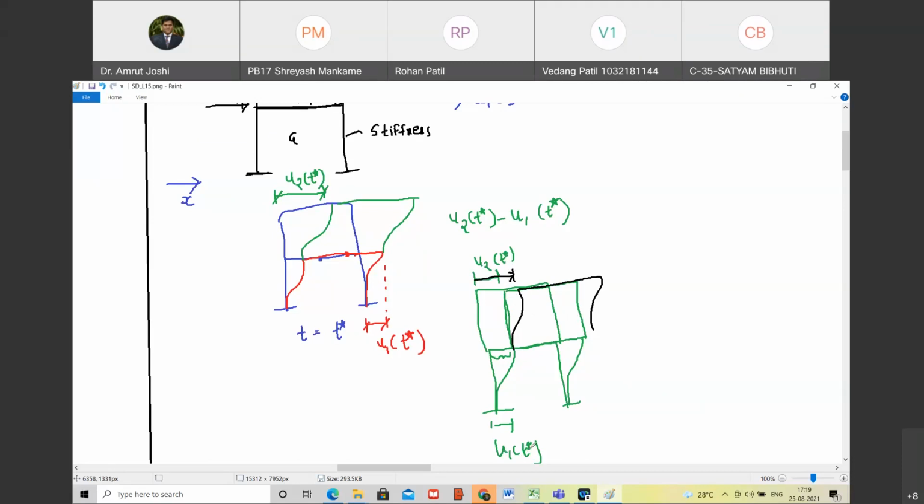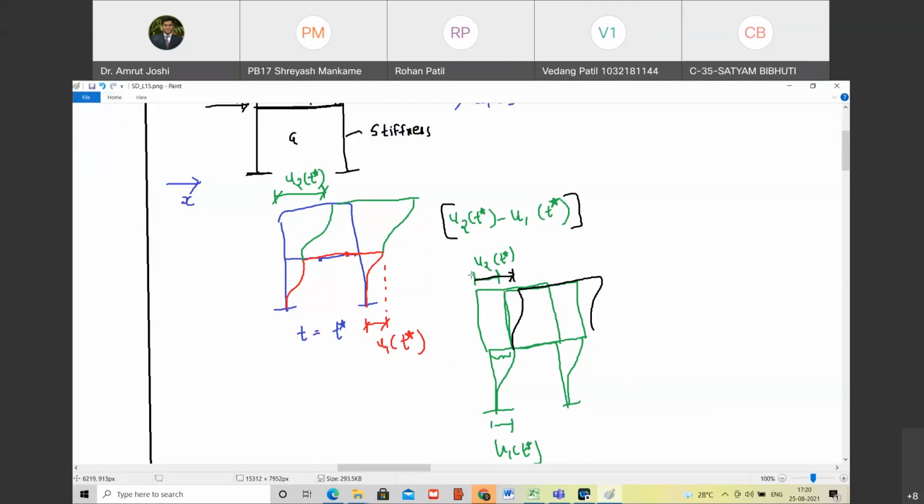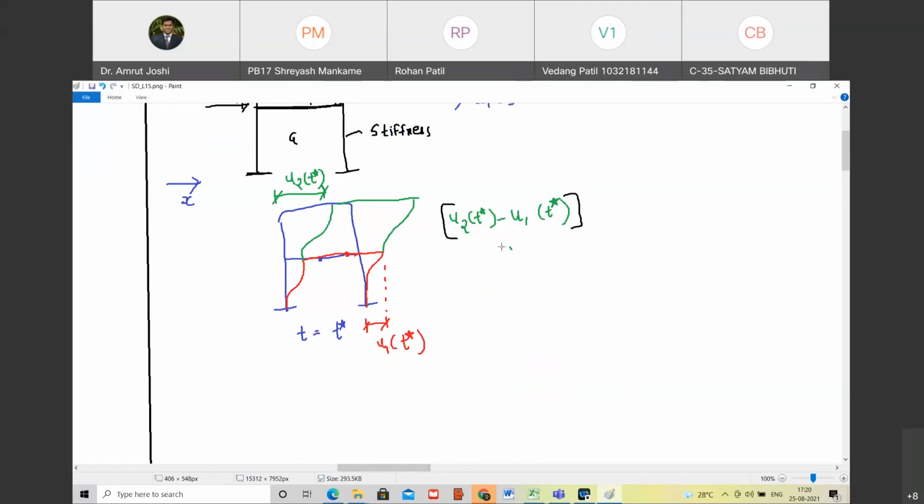Do you agree with me? So are you convinced that the stresses and strains in the first story column are going to be dependent upon U2 of T star minus U1 of T star? Happy? Are you with me? Okay.